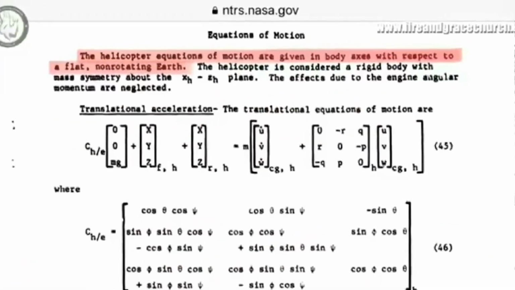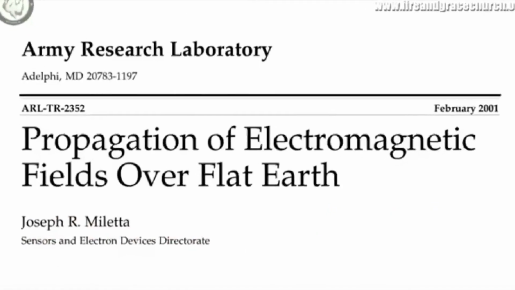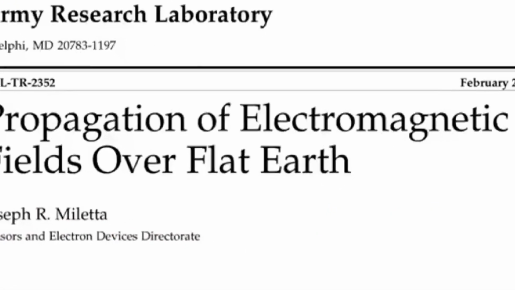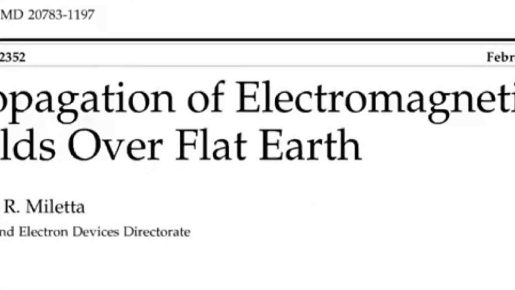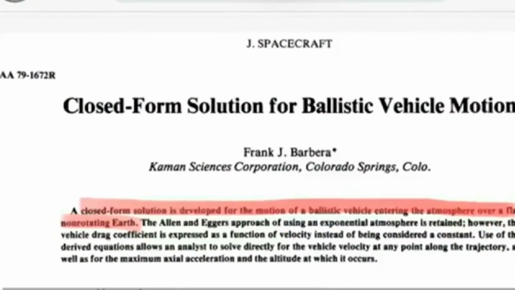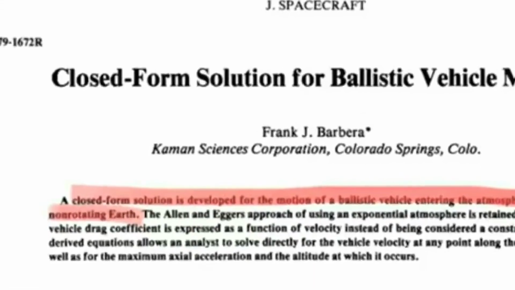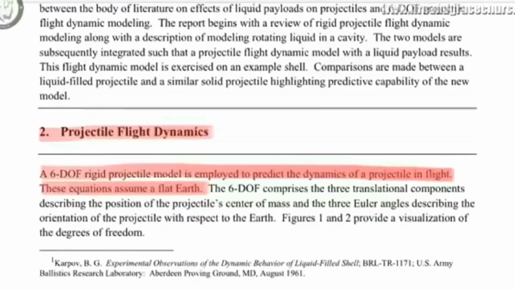The flat Earth model. Propagation of electromagnetic fields over flat Earth. Ballistic vehicle motion. A closed-form solution is developed for the motion of a ballistic vehicle entering the atmosphere over a flat, non-rotating Earth.